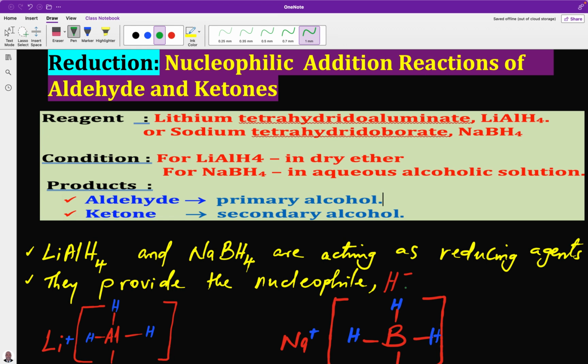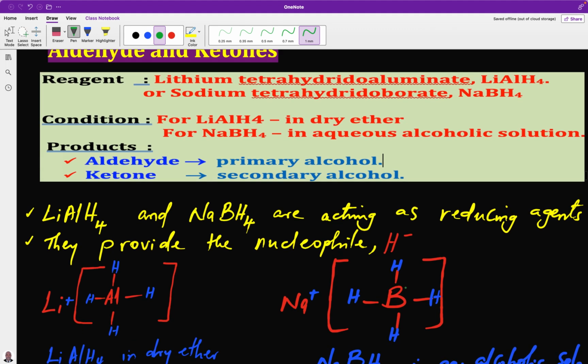I said suitable reducing agents are, the first one, lithium tetrahydroaluminate, LiAlH4, and the second one, sodium tetrahydroborate in aqueous alcoholic solution. These two reducing agents act to provide the nucleophile.